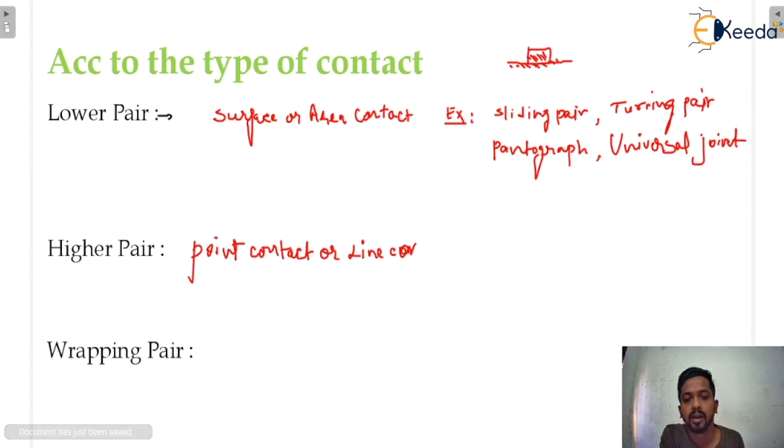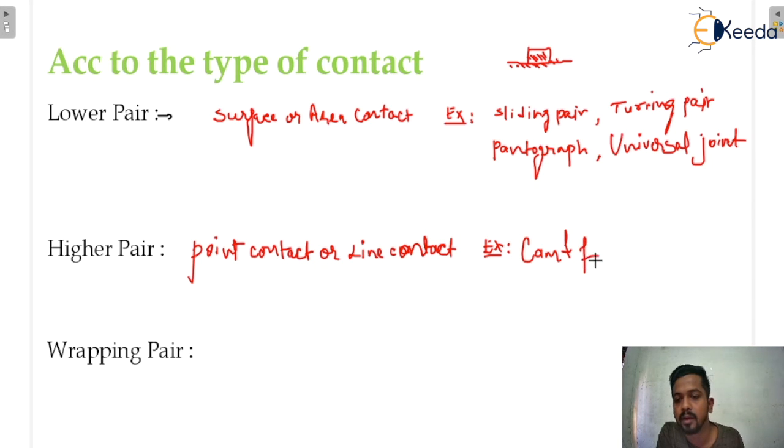If I'm talking about examples of the higher pair, the first and best example is cam and follower. Cam and follower is the best example of the higher pair. Higher pair means there is a point contact or line contact between the links.